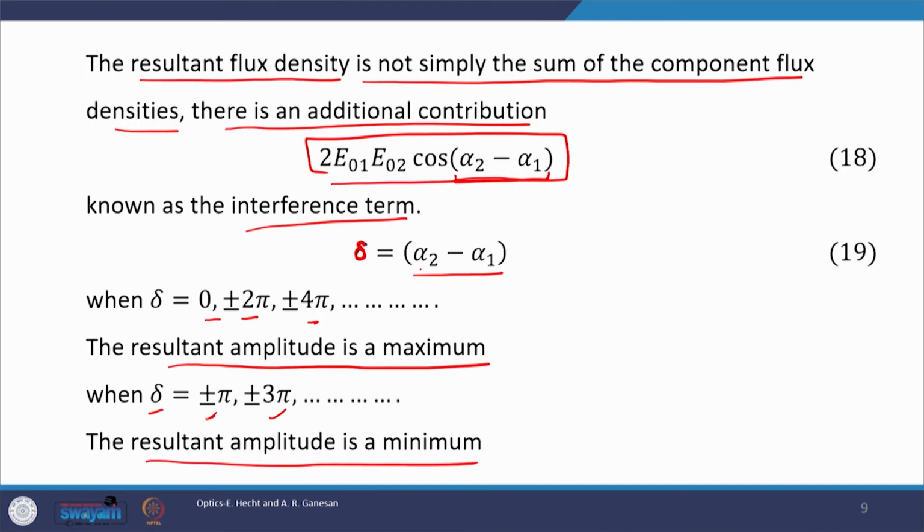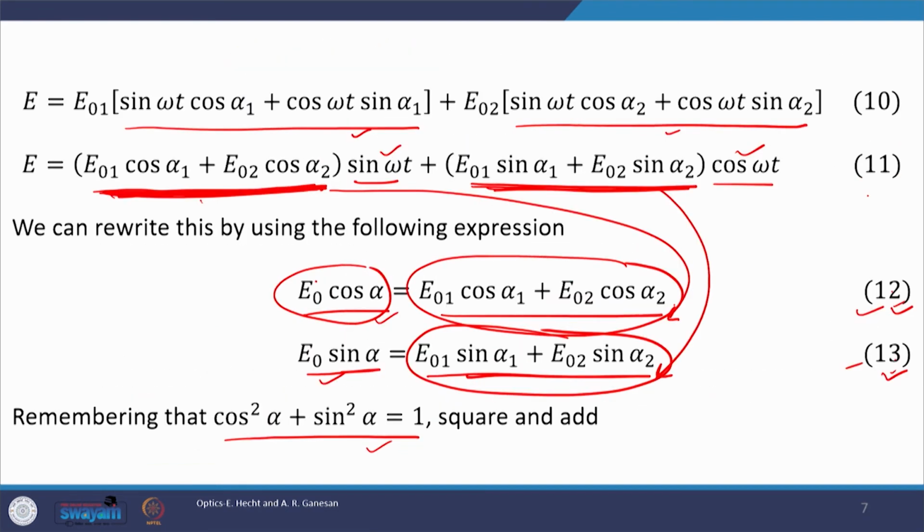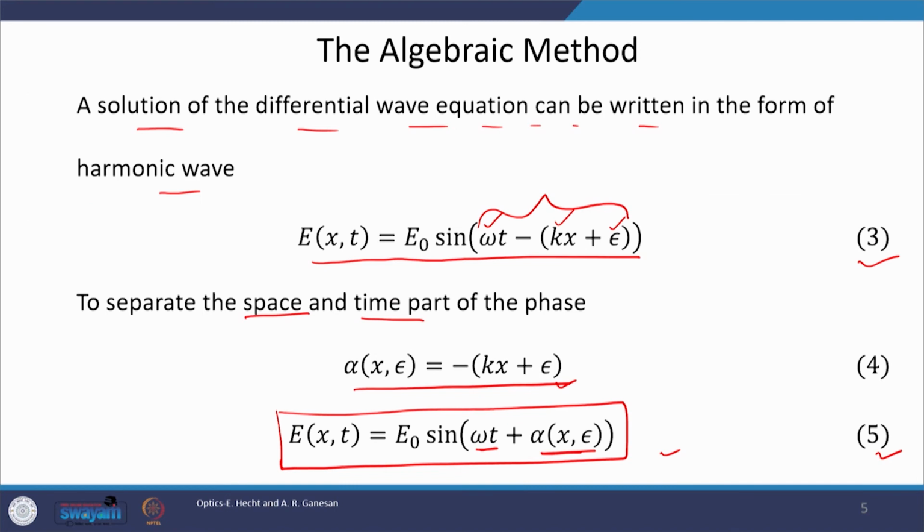Okay. Now, we are talking about this alpha. Now, we will substitute back the expressions for alpha 2 and alpha 1 in equation number 19, and then we will look into it. What are alpha 1 and alpha 2? Let us go back. Yeah, alpha is minus kx plus epsilon. Therefore, alpha 1 would be minus of kx 1 plus epsilon 1.